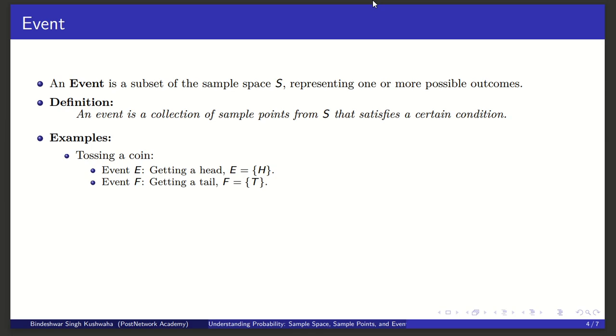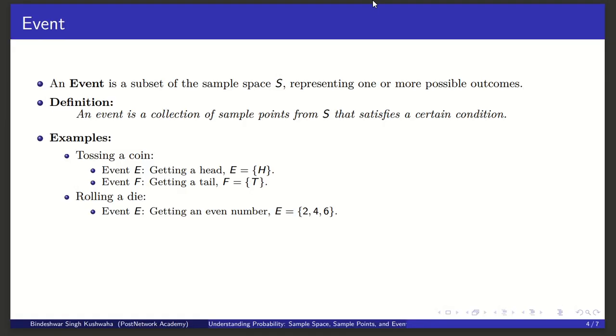In AI and machine learning it plays a very important role for modeling uncertainty in artificial intelligence. So understand event, because all the time in probability you will be finding the probability of an event happening. So the event of getting a tail is T.